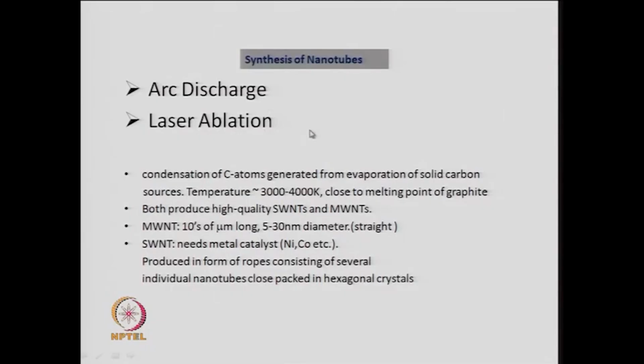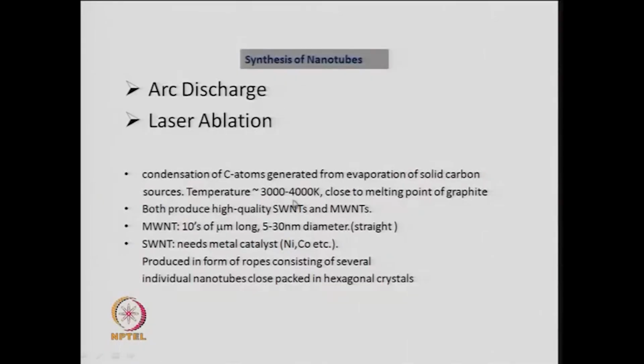Once the carbon atoms are evaporated from the solid carbon, they condense back to form carbon based nanotubes. The temperature in these cases is close to 3000 to 4000 Kelvin, which is close to the melting point of graphite. So, it is a very high temperature process, but both produce high quality single walled nanotubes and multi walled nanotubes.